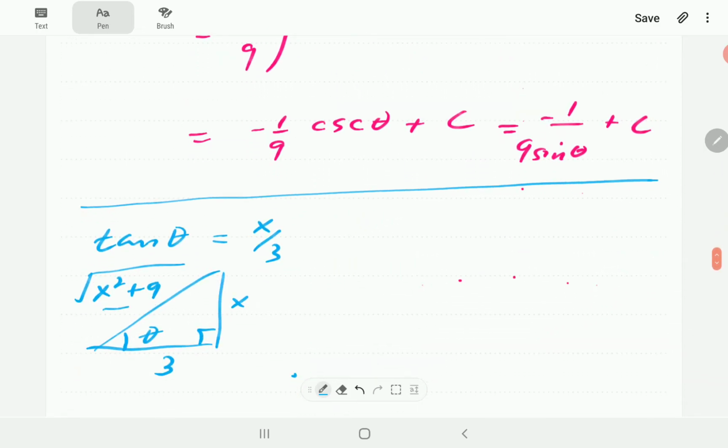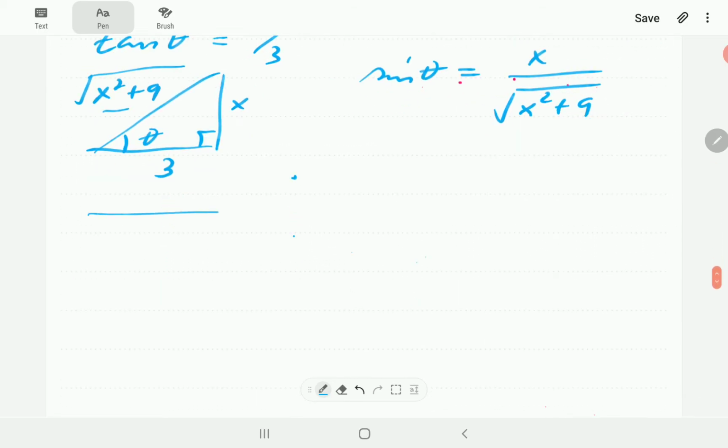Here we just need sine in our integral. From this right angled triangle, sine is opposite over hypotenuse, so that's going to be x over the square root of x squared plus 9. However, we need the reciprocal of that.